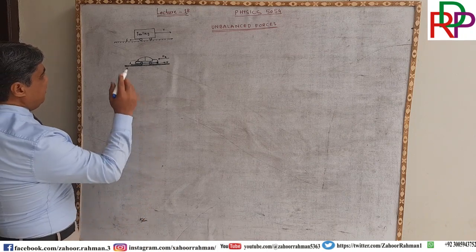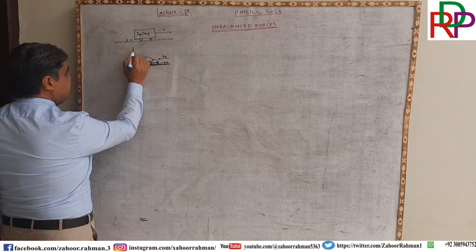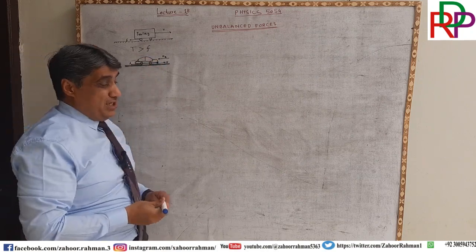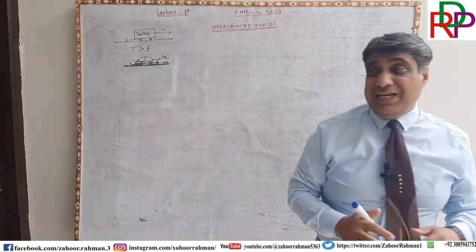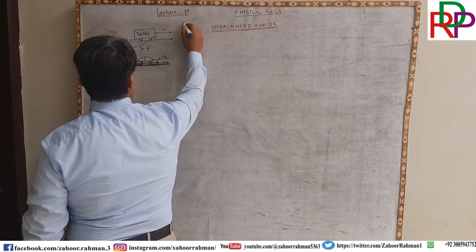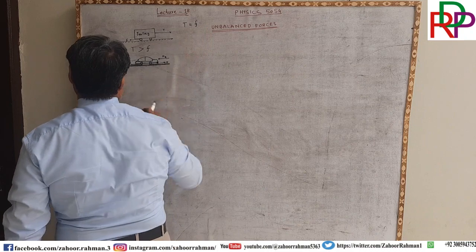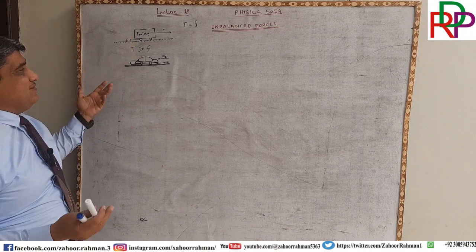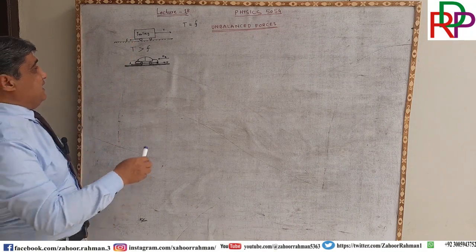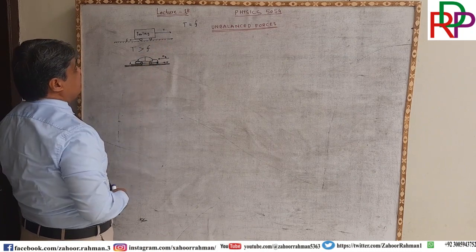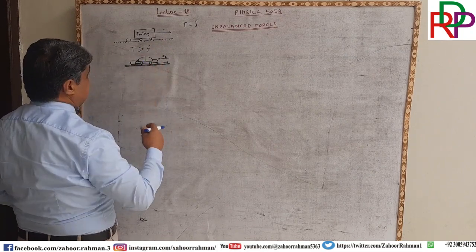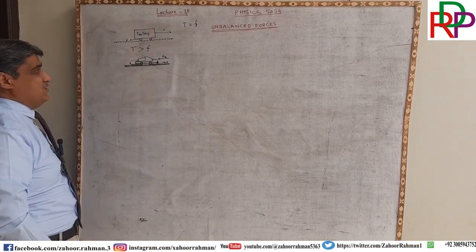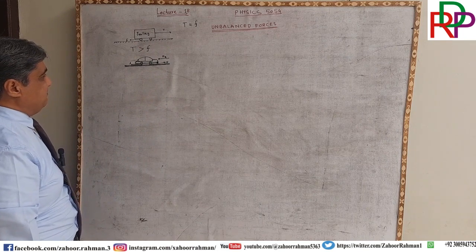So the trolley will move in the right direction if tension is greater than F. If T is equal to F, it means that there is no resultant force acting on this trolley and the trolley will remain stationary. But if T is greater than F, then there will be an acceleration, and that acceleration in this particular case will be towards the right.